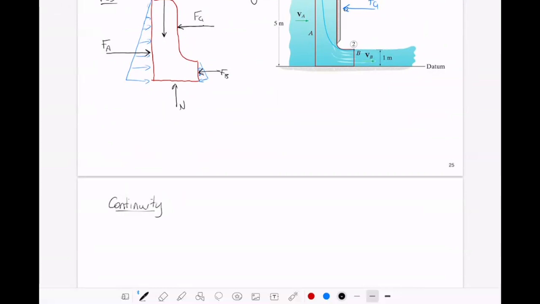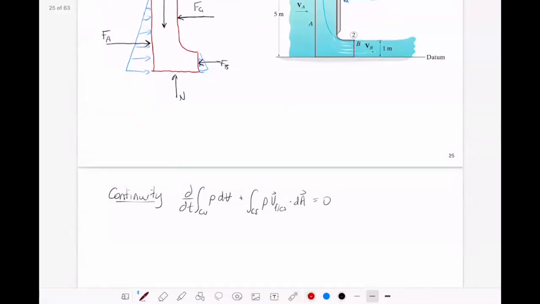So our continuity equation: d/dt of the control volume of rho dV, plus the integral over the control surface of rho V dA, is all equal to 0.